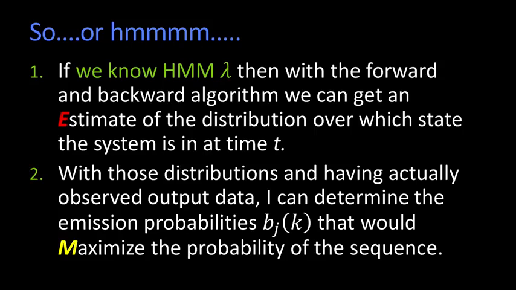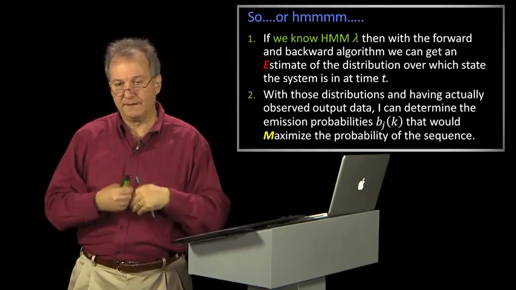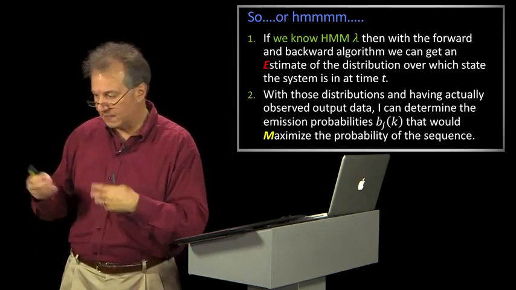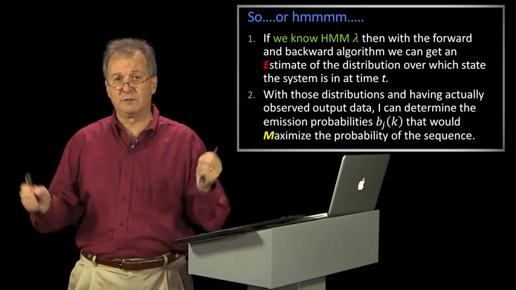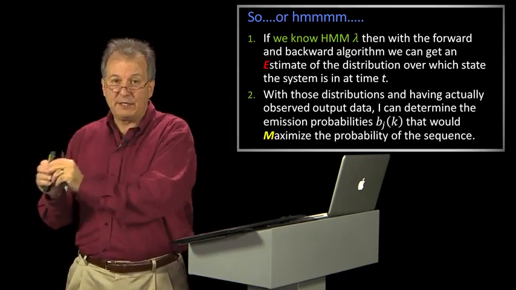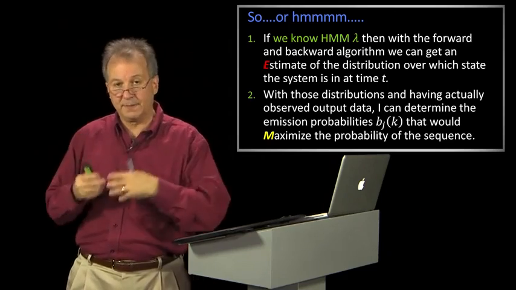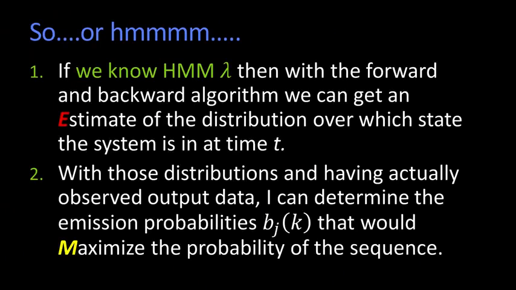It's no different than saying maximum likelihood: if I pull 10 things out and 7 of them are black and 3 are red, I say there's a 70% chance of being black. That value is the one that would have maximized the likelihood of pulling out 7 of them. It's a maximization procedure. So I can choose the B sub k's that maximize the total observation, given the idea of which state I'm in, okay?